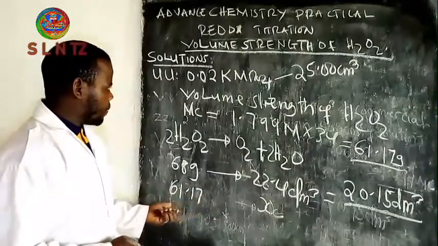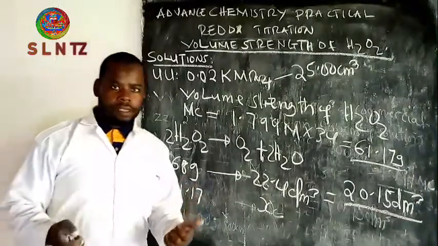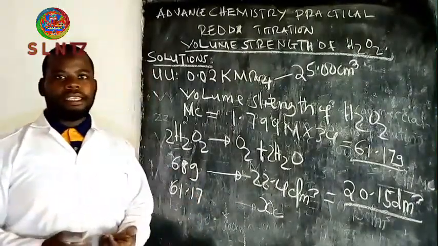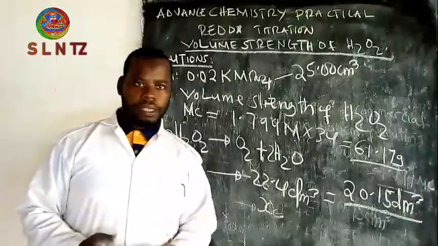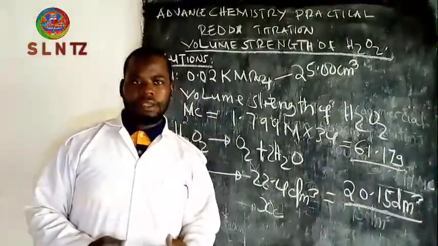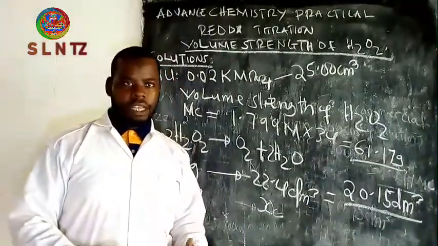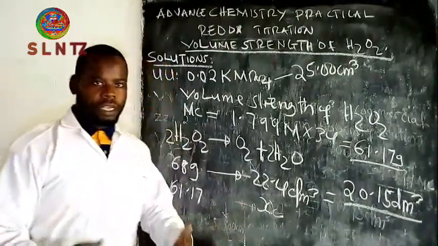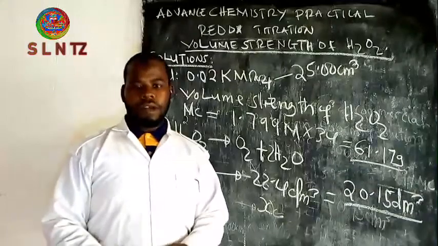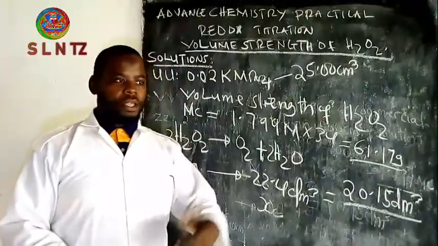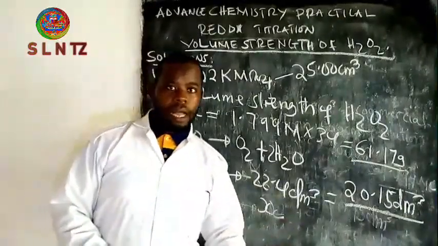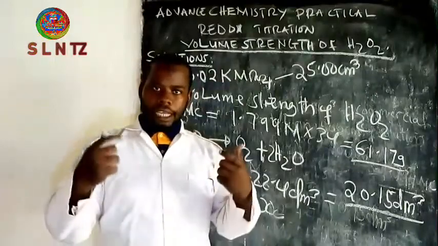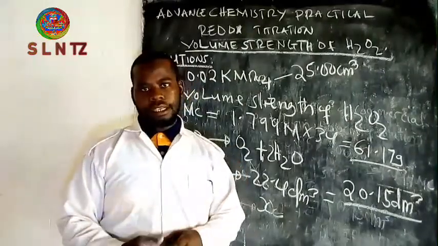I think our objectives have been understood. At the end of this lesson, we will be able to calculate, with the question, the volume strength of hydrogen peroxide. You can pass through the same paper of 2013.